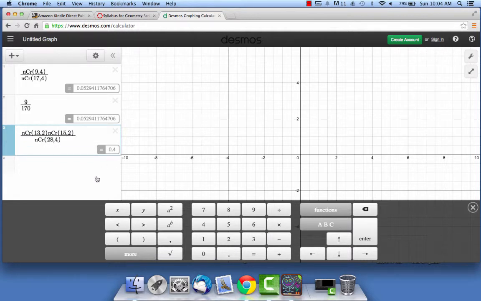Okay, so that's how you would do it in Desmos, and if you were doing it in a TI calculator, I don't know that an Inspire, it probably is still the same, but I can't be sure. So you would have gone 13, math, probability, nCr, 2. Okay.